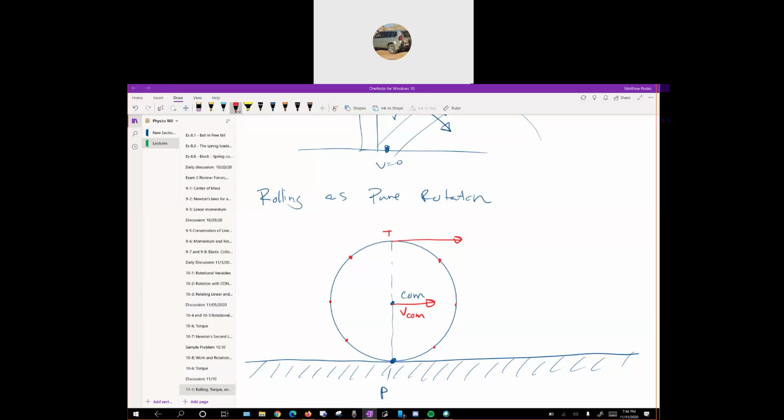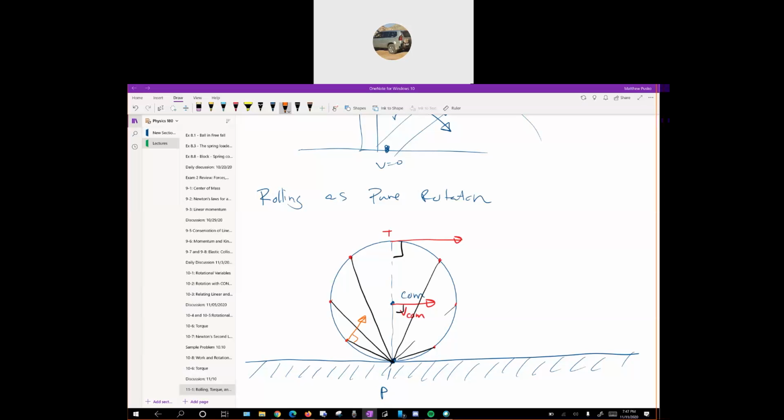Well, the velocity is always perpendicular to what we can call the position vector to that point. So if I draw straight lines to them, this is perpendicular, right? This is perpendicular. Well, guess what? The other ones are going to be also. Then what I get is a velocity vector at this point, perpendicular to that line.